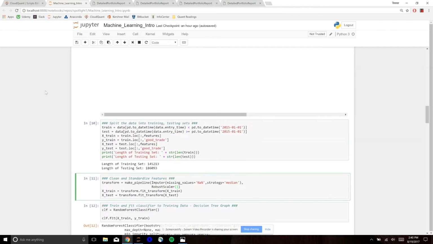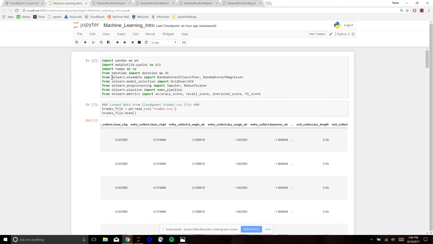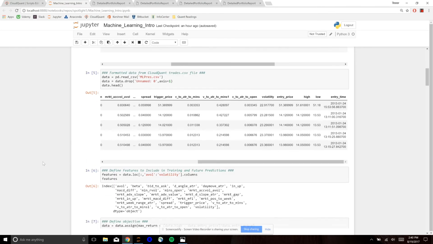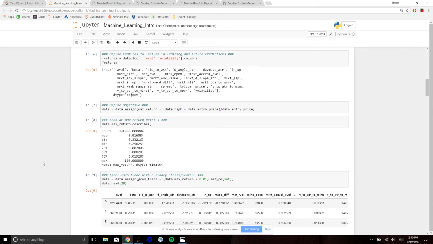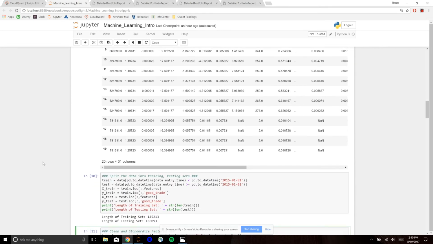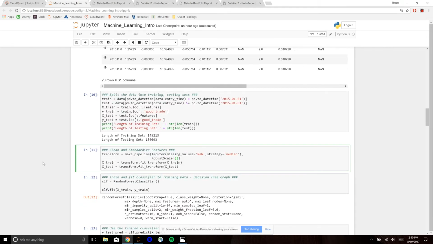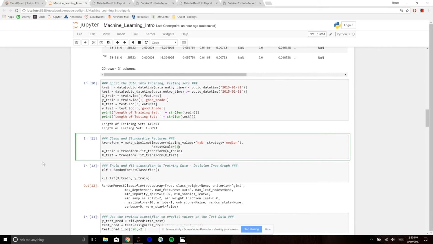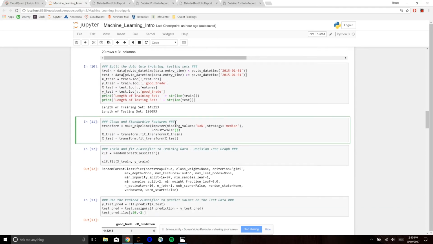Scikit-learn, which is just the package that we're using for all of this, SKLearn, makes things really, really easy. Another reason why anyone can start utilizing this machine learning concept, even if you don't have any experience with it. But this imputer function takes all the Nan values and fills them with the median value for that variable.